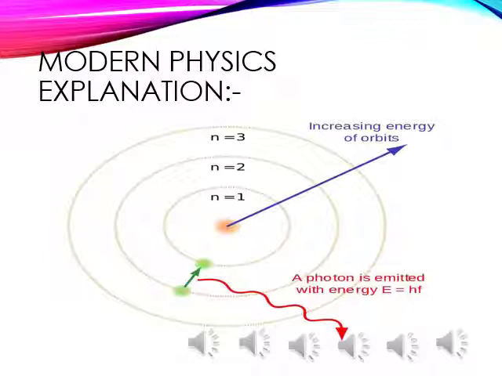When we have two torchlights, one small and the other big, the small one gives a small intensity of light, which means a small amount of photons, while the big one gives a big intensity of light, which means it has more photons.